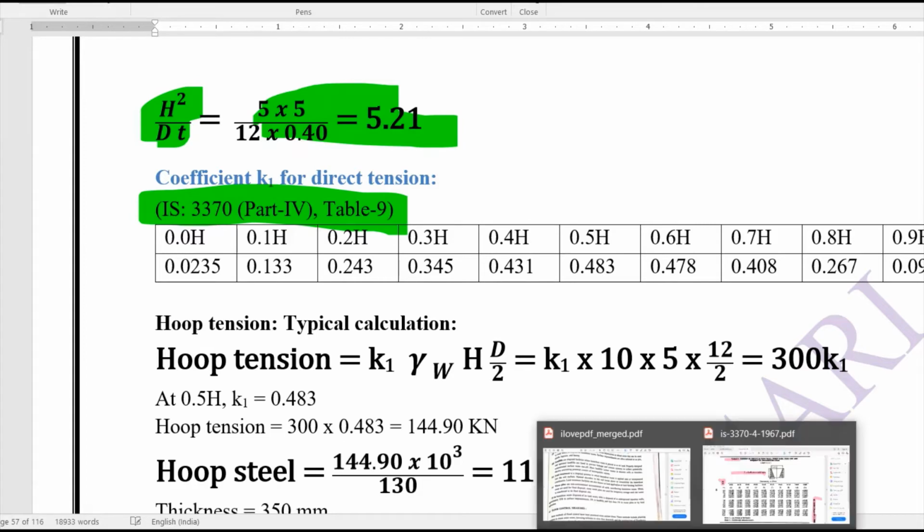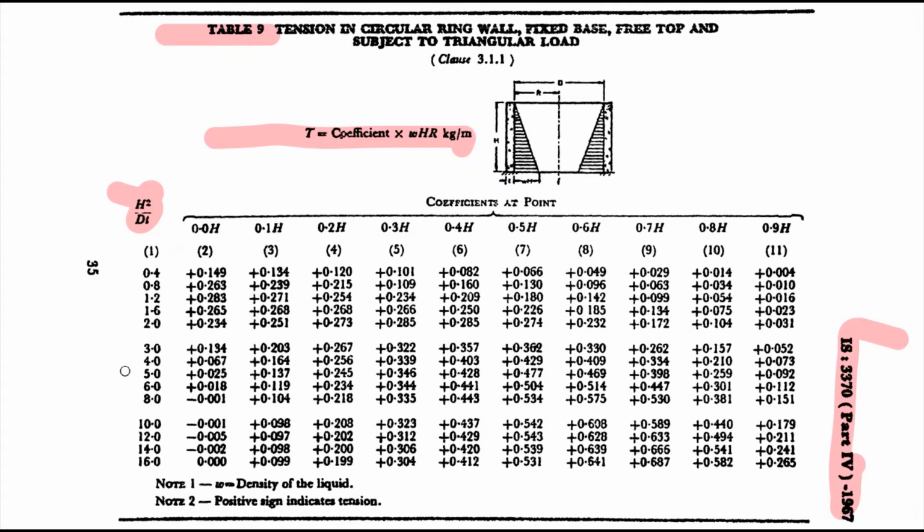So here H is between 5 and 6, so we have to follow this row. For the 0.0H we can find a coefficient of 0.25. For the 0.1H we found coefficient 1.3, as well as for 0.9 we have to calculate all the coefficients here by interpolation.